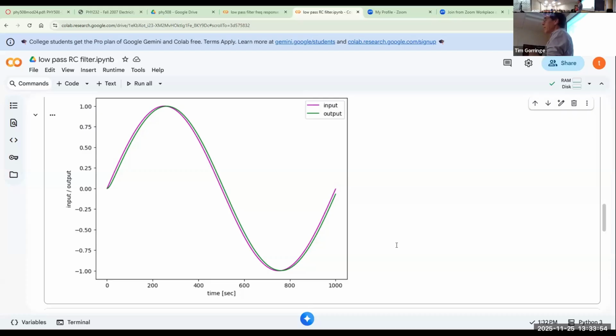So the frequency of the signal is much lower than the cutoff frequency of the low-pass filter. Because it's a much lower frequency than this cutoff frequency, this signal is going to go through the filter. If it's much, much lower than the filter, it's going to be undistorted, or unchanged, or barely distorted, barely changed.